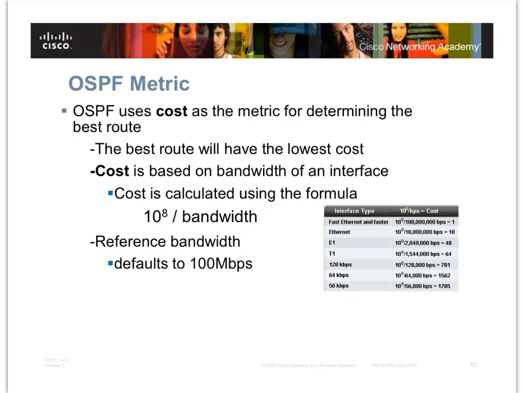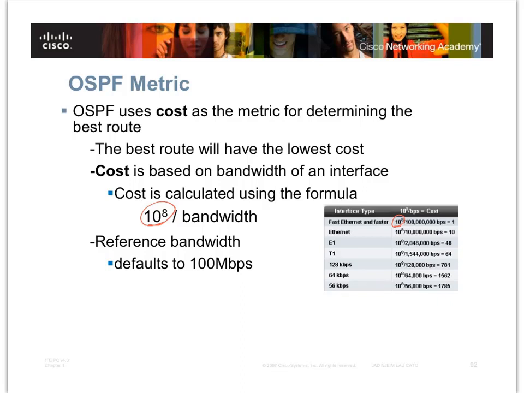As we said before, OSPF uses the bandwidth, the default bandwidth, as a metric, right? The way that we calculate the link cost from this bandwidth is by dividing what we call the reference bandwidth by the default bandwidth of the link. The reference bandwidth is by default 10 to the power 8, which means 100 megabits per second.